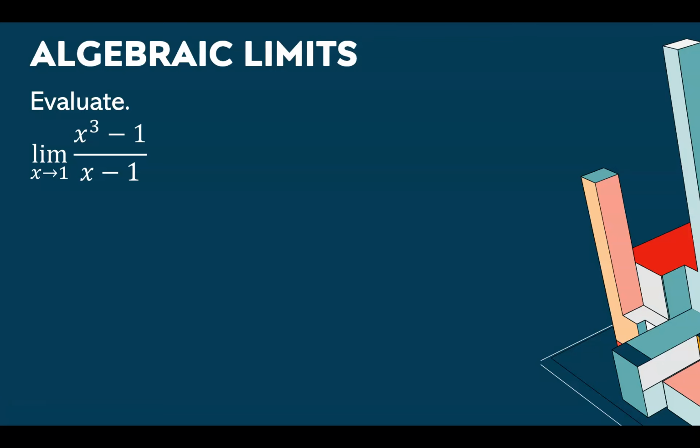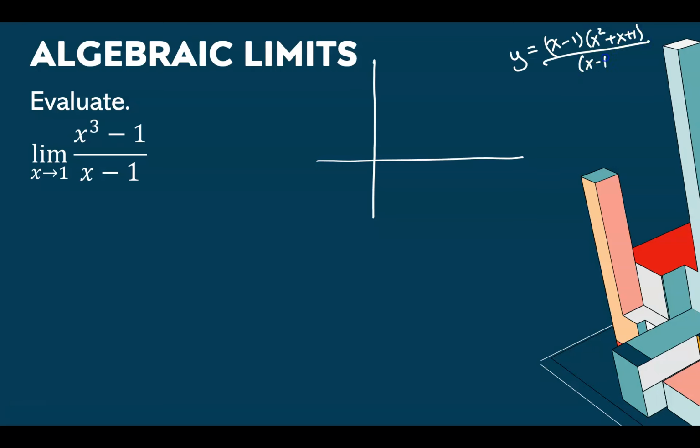So the limit as x approaches 1 of x cubed minus 1 over x minus 1. Well, what are we going to get? Maybe we sketch again. So y is equal to x minus 1 times x squared plus x plus 1 over x minus 1. So we're going to get a parabola.